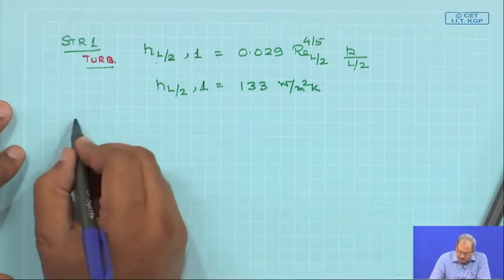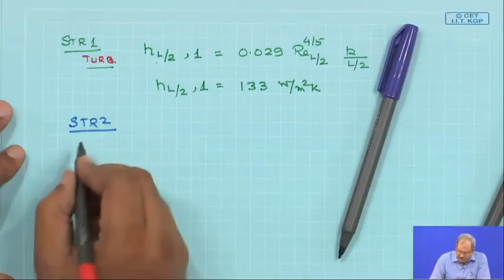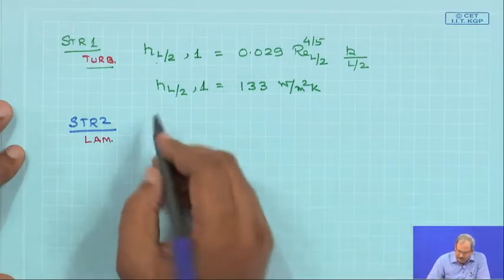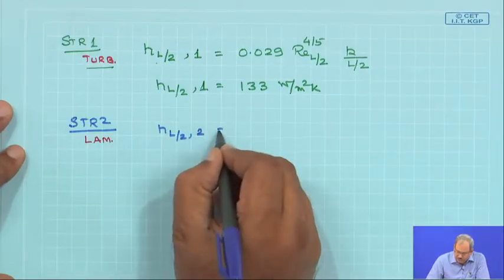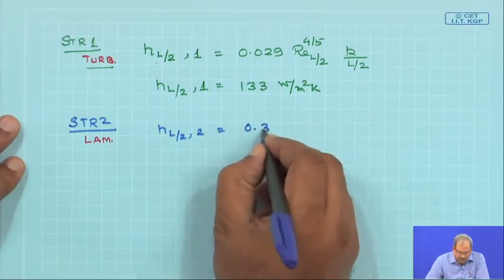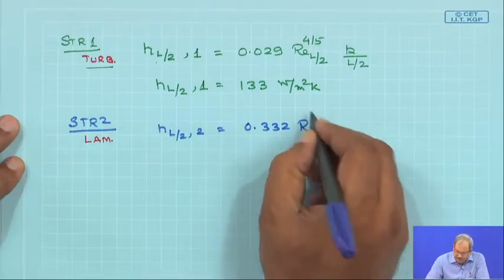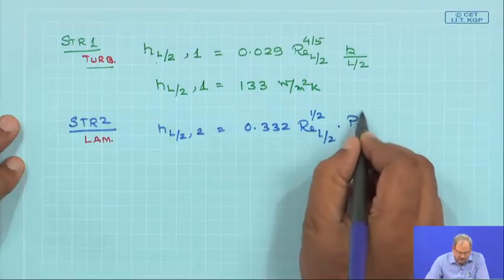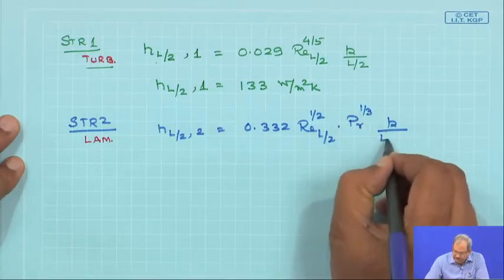Similarly, for stream 2, which is in laminar condition, you can choose the appropriate expression corresponding to laminar flow, and this is 0.332 Reynolds number at L by 2 to the power half into Prandtl number to the power 1/3 times k at L by 2.